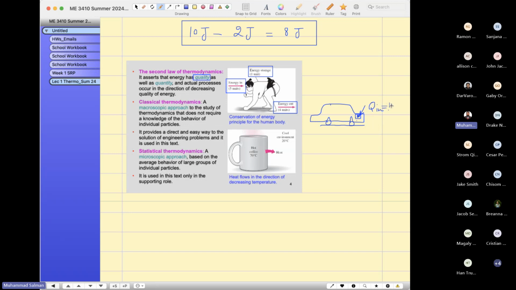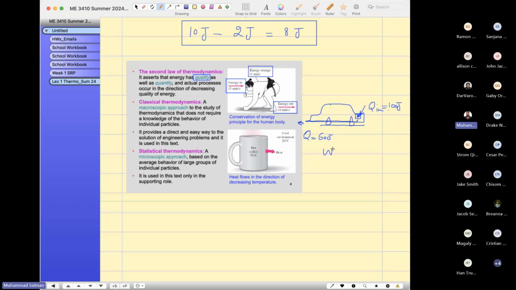Suppose this is 100 joules. The heat generated by the engine by burning the fuel inside the cylinder is 100 joules. And then you have a tailpipe. The energy coming out of the tailpipe to the surroundings is 60 joules.